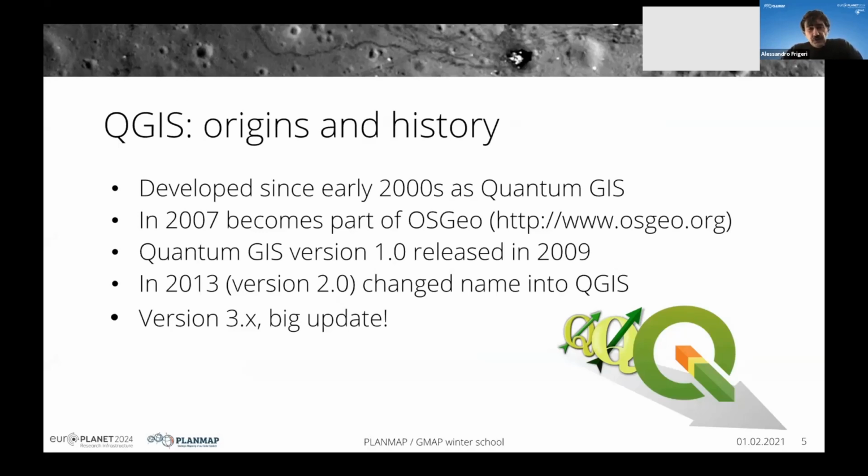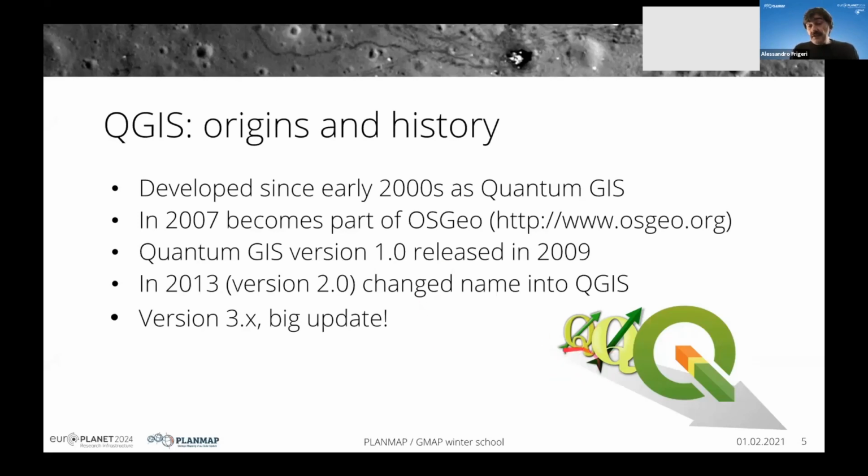And in the last 2 years, we have version 3.x, which is a big update, especially in the rendering. Since version 3.x, we have the chance to use symbologies and to have a graphical output which started to be usable, for example, in geologic mapping, and so also planetary geologic mapping.